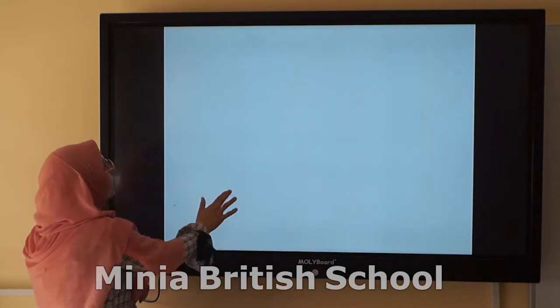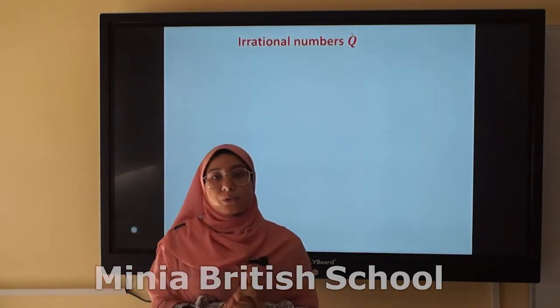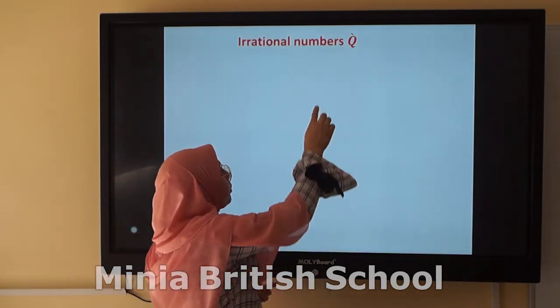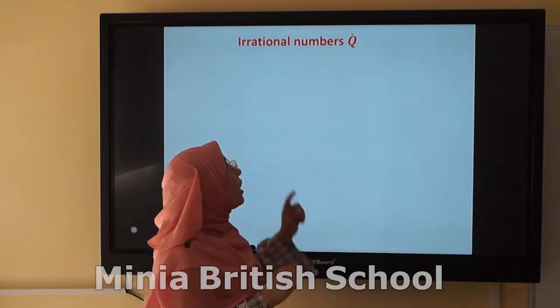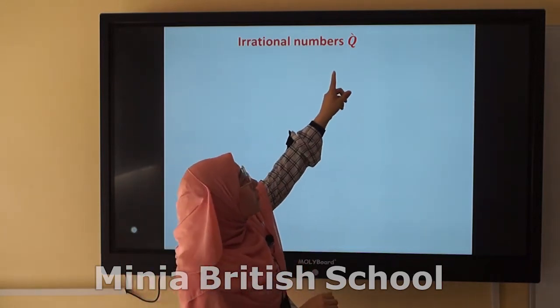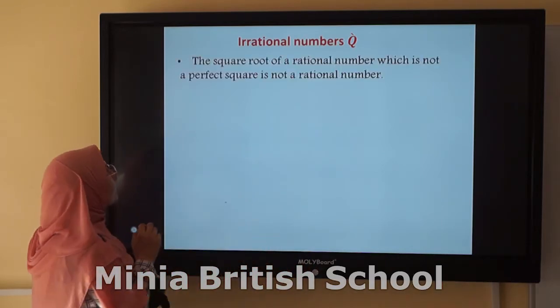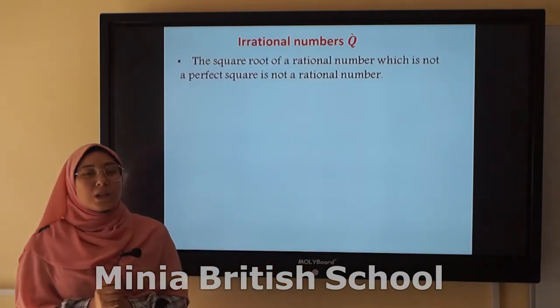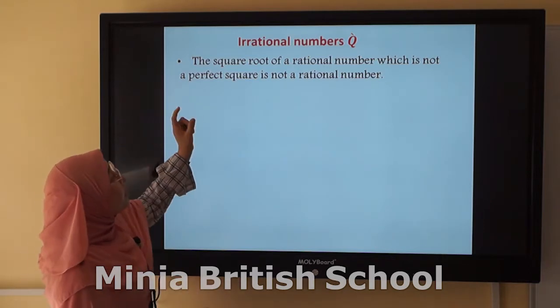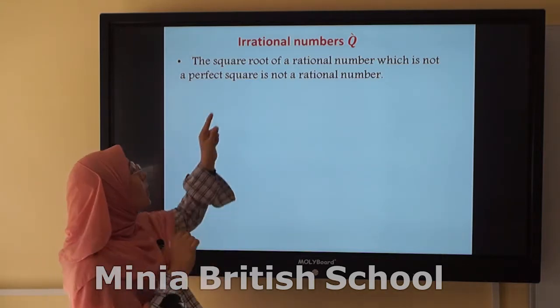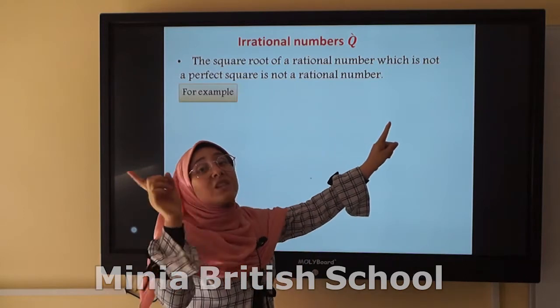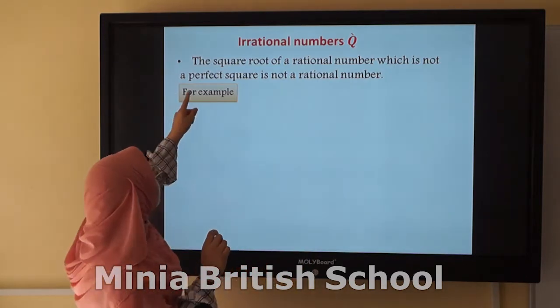Now, irrational numbers are denoted by the symbol Q dash. An irrational number is the square root of a rational number which is not a perfect square.